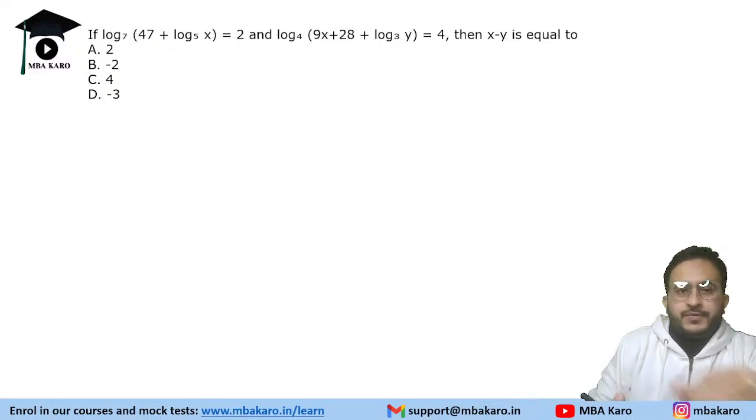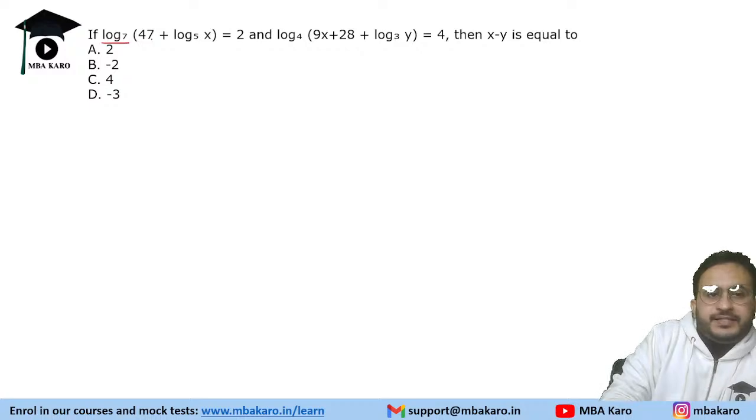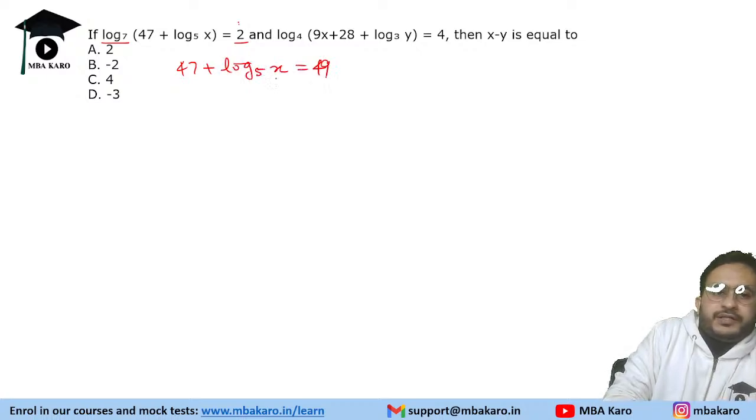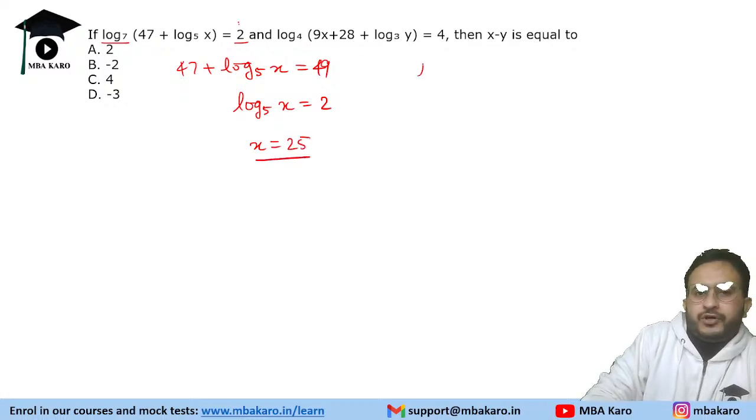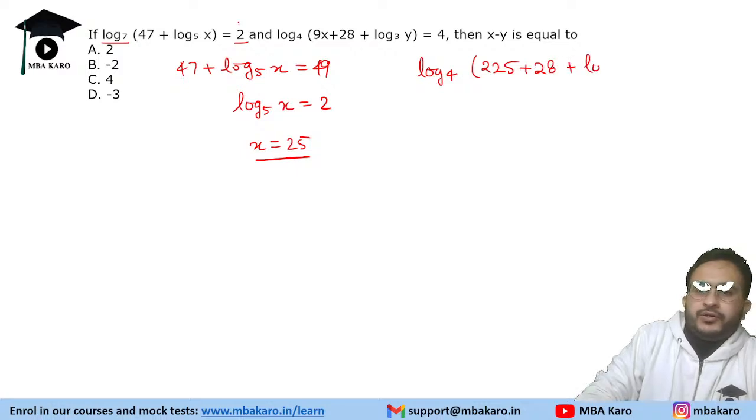Okay, so let's see this one. It's fairly easy. 7 to the power 2 is there, right? So 47 plus log 5x is equal to 49, right? So log 5x is equal to 2, or x is equal to 25, 5 square. And here we have log 4. This is 9x, 9 into x will be 225, plus 28 plus log 3y is equal to 4.